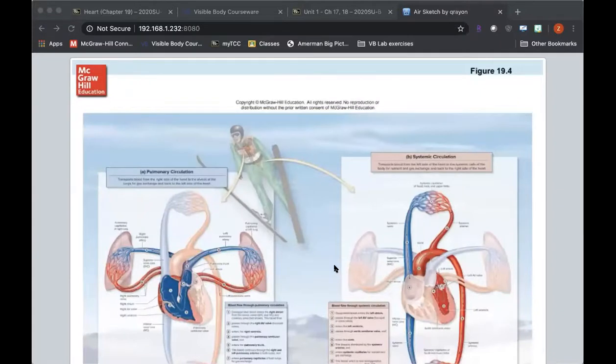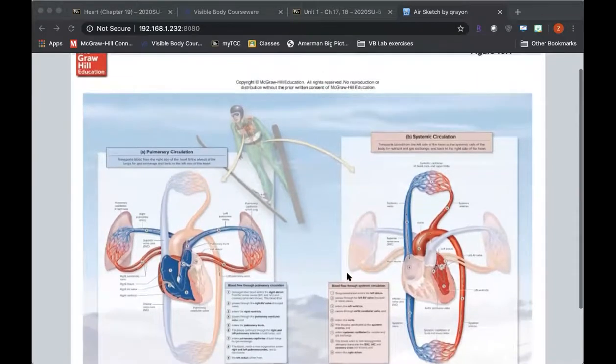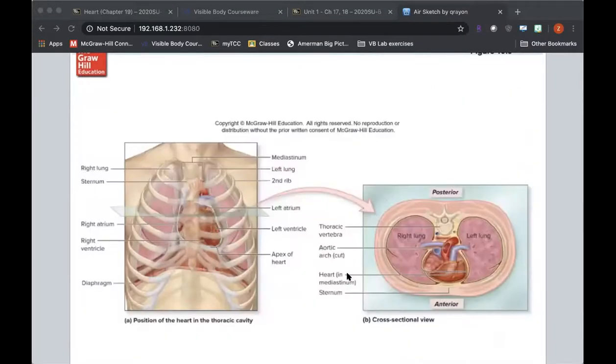this is a nice integrated summary of everything that we have talked about so far. Most of what we have been talking about so far has been the anatomy part, so this is a nice little summary of what you're supposed to be looking at.